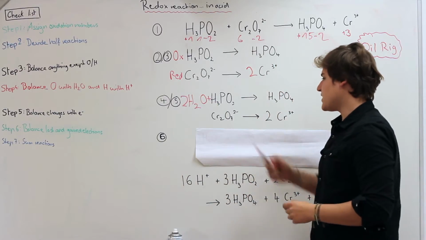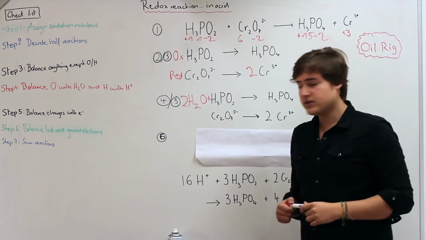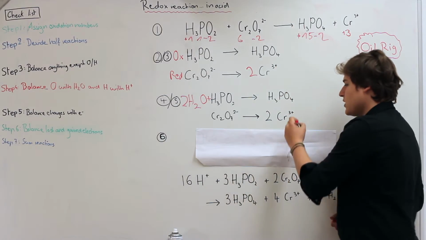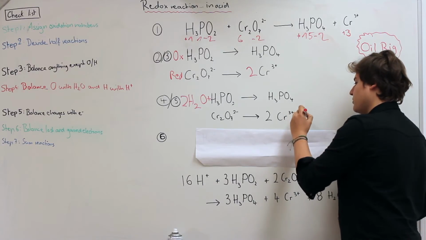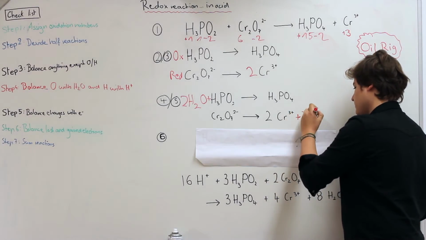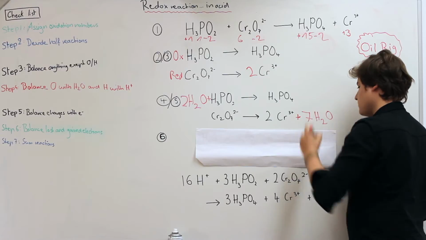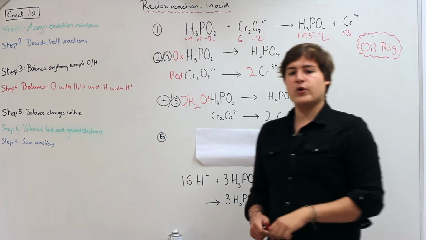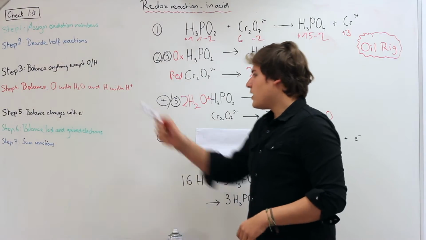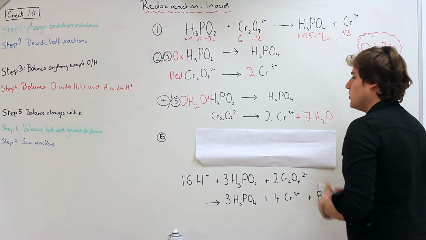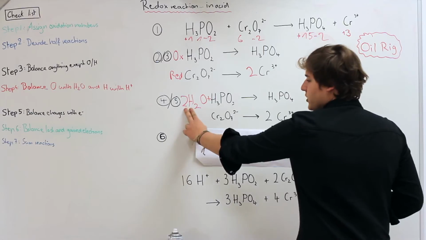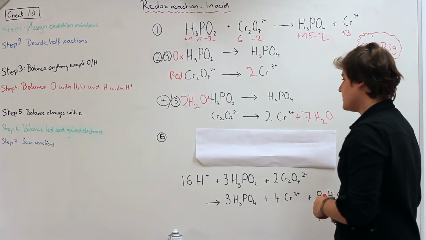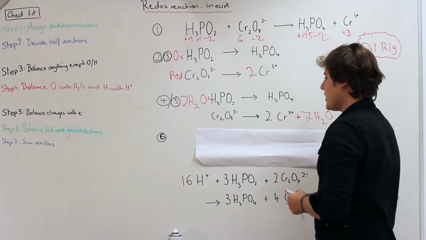Now, same for the second compound. We have 7 oxygens on this side, no oxygen on the other side. So I'm going to balance this with 7 water molecules. Alright, now we have to balance the hydrogen with H+. Again, we count 4 hydrogens here, plus 3 is 7 hydrogens here, and 3 hydrogens here.